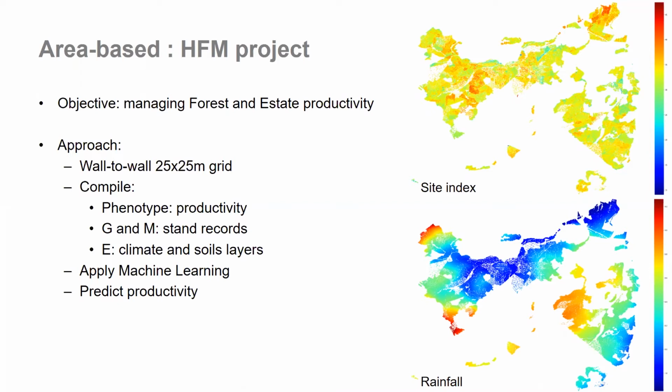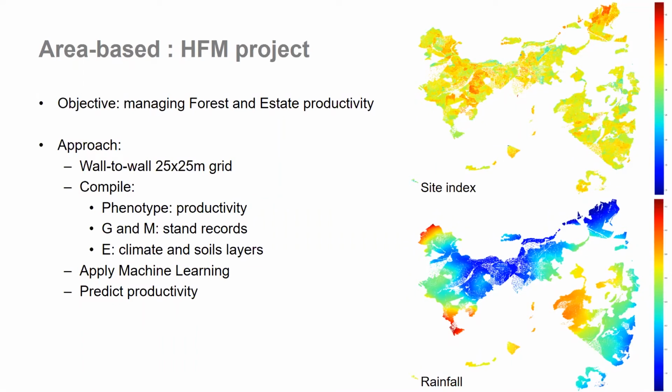Firstly, phenotypic data itself, which quantifies productivity in the form of site index and 300 index in the study. Then we add information about genetics and management, and this information comes from the forest owner's stand record system. And finally, we add information about environment in the form of climate and soils layers.